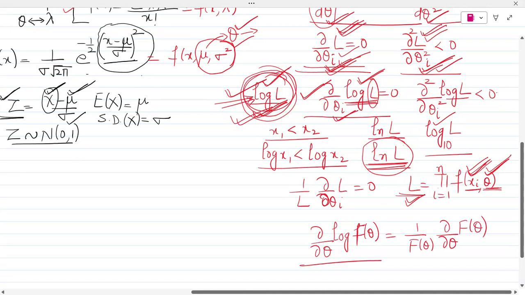The same thing we are using here, where this capital F(theta) is nothing but our L.